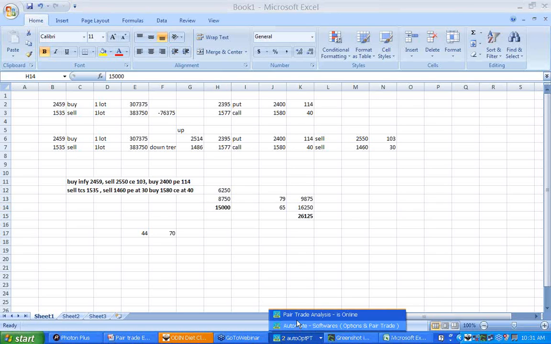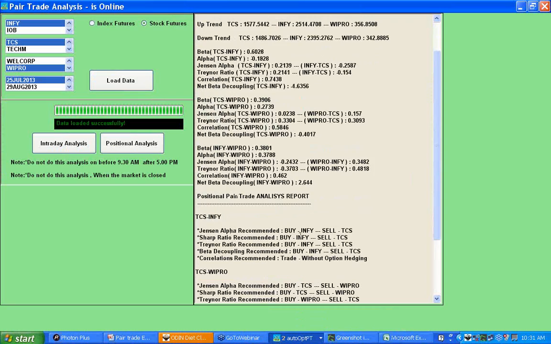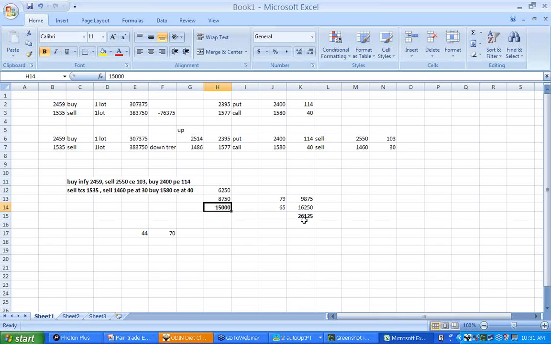If our pair trade analysis comes true and the costliest stock, TCS, is falling and the cheapest stock, Infosys, is rising, then this strategy can give us 26,000 gain, which is near about 1:1.5 or 1:2 profit, maximum gain to maximum loss. Any further questions in this regard?